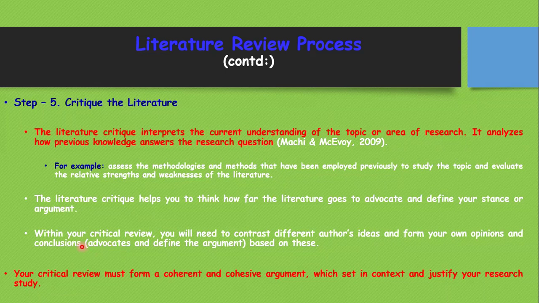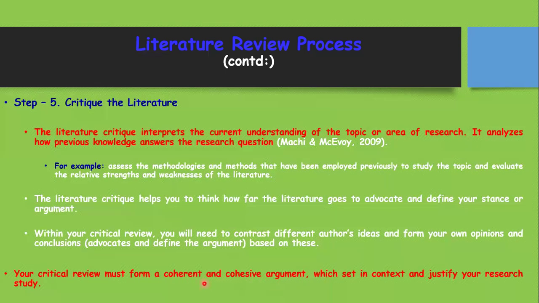Because if you are repeating someone else's argument, or someone else's findings in your study, it means you have not developed your own argument so far. So, in order to develop your own argument, first you need to identify what arguments were already available in different research studies. So your critical review must form a coherent and cohesive argument.